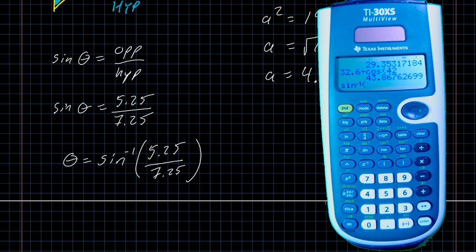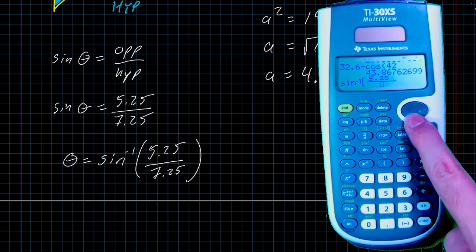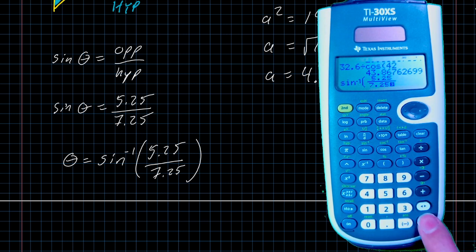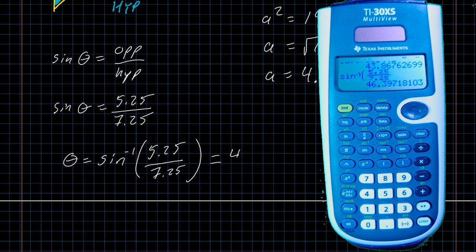Then I just type in my fraction. 5.25 over 7.25. And my calculator tells me that the angle here is 46.39, etc. I guess I'll round that to 3 significant digits and call it 46.4 degrees.